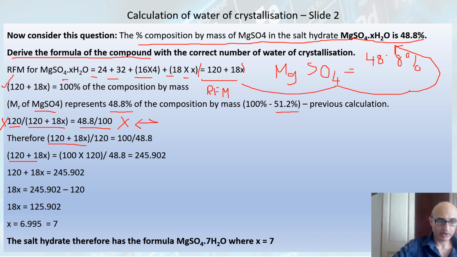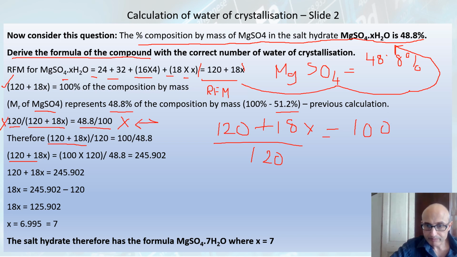If I rewrite it over here to clarify my meaning, what we've got is 120 plus 18x all over 120, and that is equal to 100 all over 48.8.